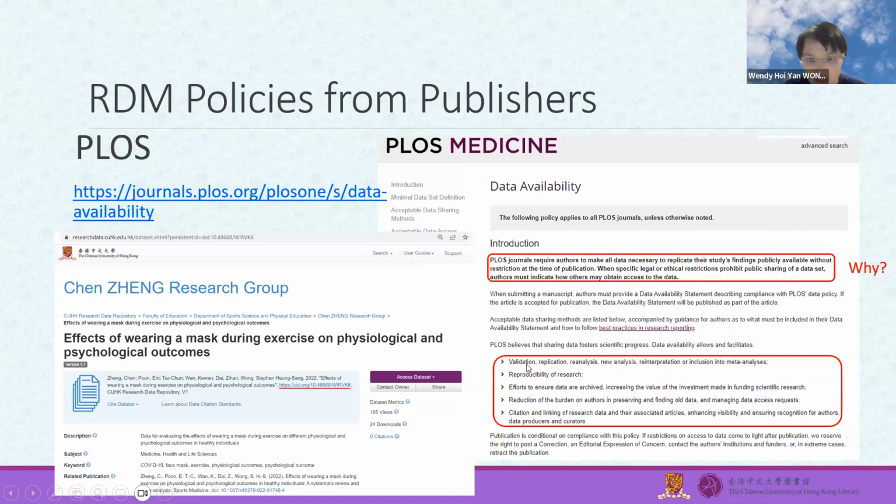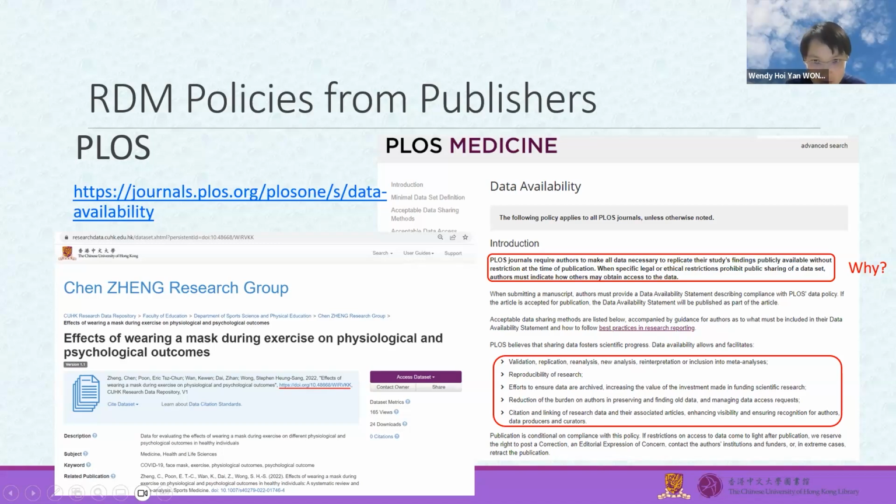And here it further states that it helps to validate the replicates, to carry out new analysis and reinterpretation of your research, and to reproduce your research.